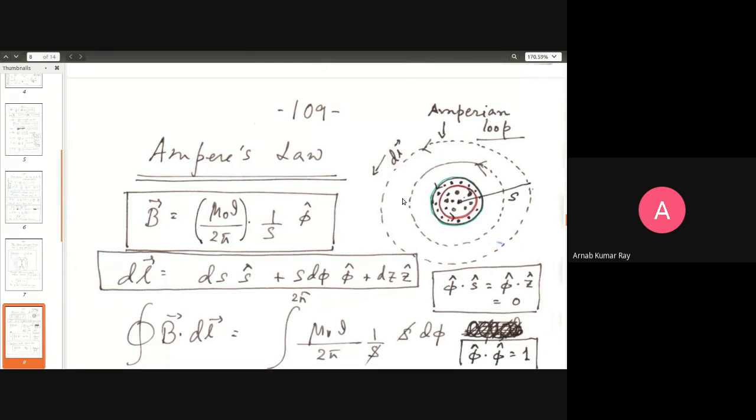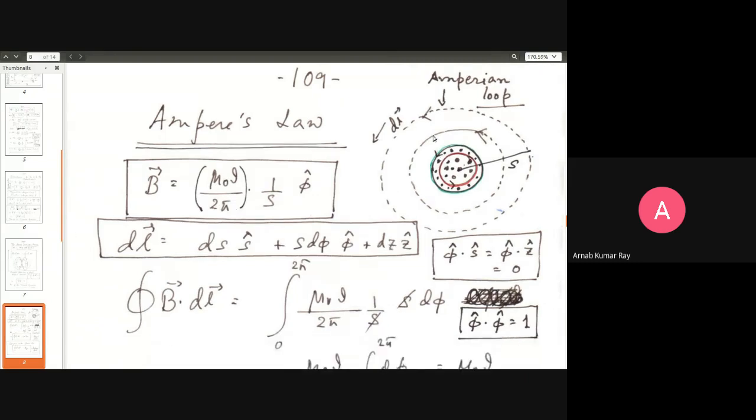The magnetic field is mu naught I by 2 pi s phi-cap. The direction of the magnetic field is tangential to the circle, whereas the strength of the magnetic field varies along the radius of these circles.